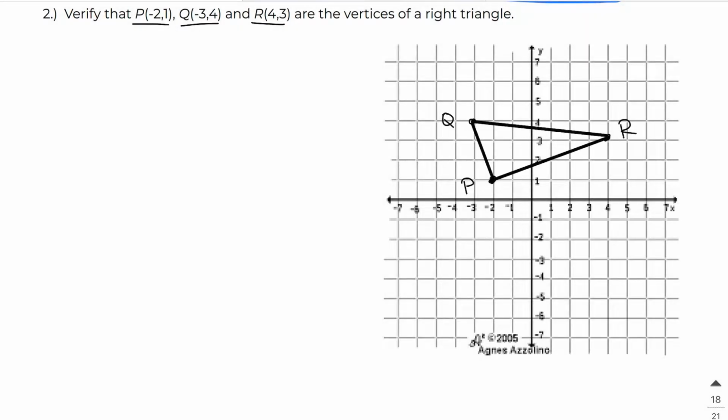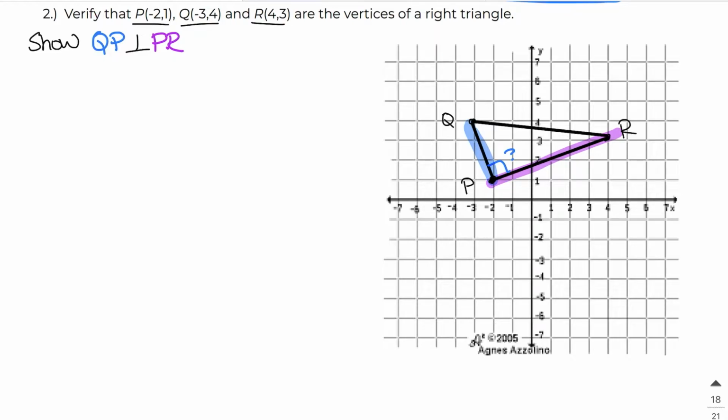I'm going to guess that the right angle might be here, but I'm not 100% sure. So what I want to do first is show that this has a right angle here. I have to show that QP is going to be perpendicular to PR. So I want to show that QP is perpendicular to PR.